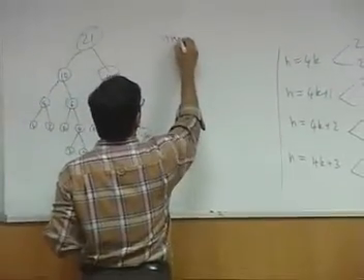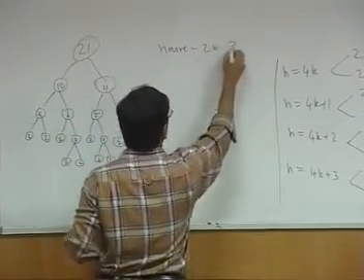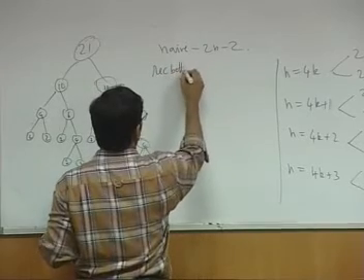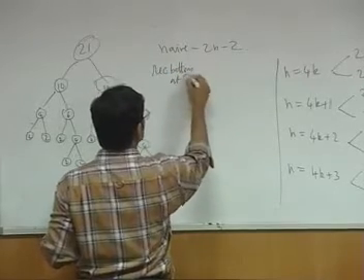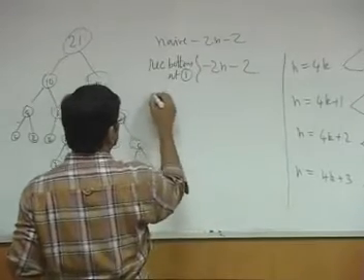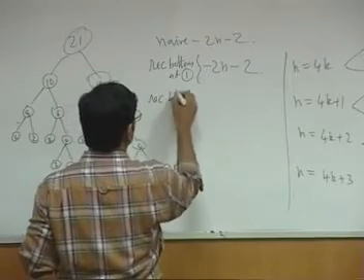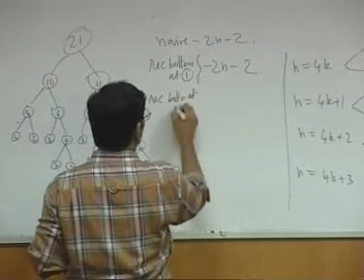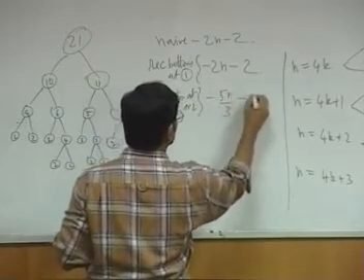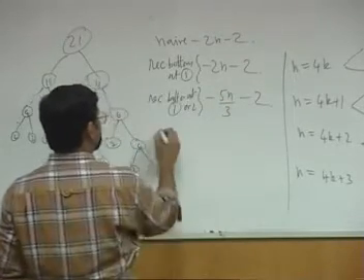So naive method: 2n minus 2. Recursion bottoming at 1 is still 2n minus 2. Recursion bottoming at 1 or 2 is 5n by 3 minus 2.